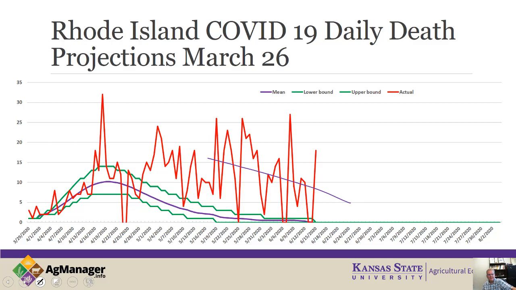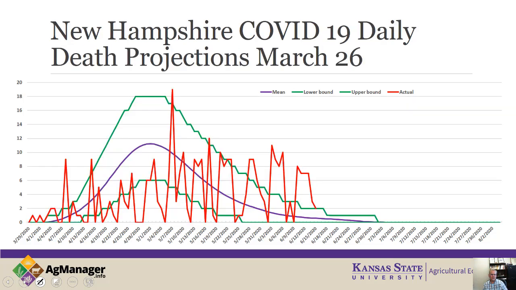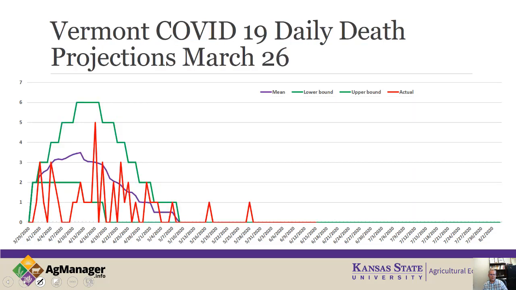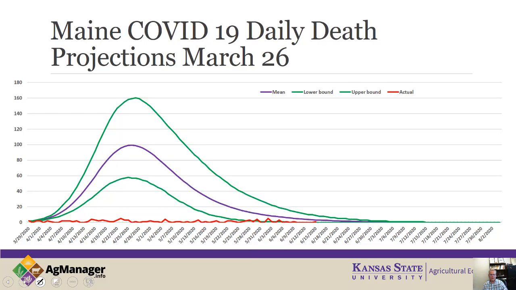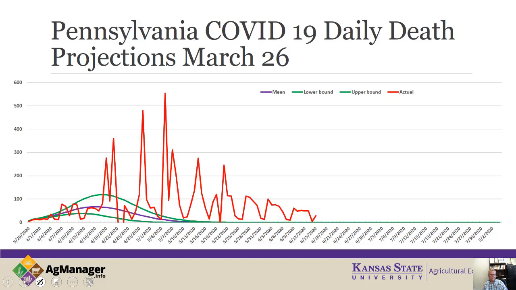Again, it does seem like long term there is a downward sloping trend. Same with New Hampshire. Again, Vermont, essentially since the end of May, they have not reported a death, and so they're over 2 weeks without a death. Maine tends to be very, very low, doing very well.